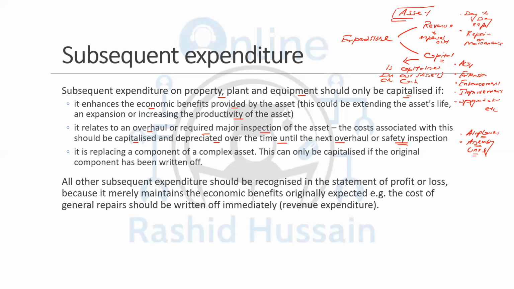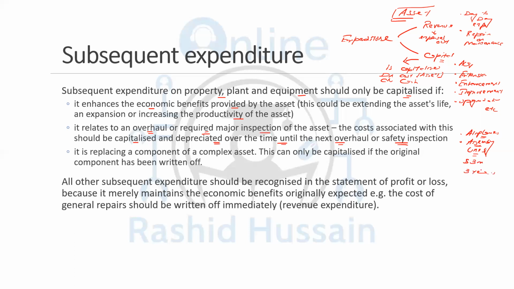So the standard says that if you are doing any expenditure on the overhaul, such as expense on the major inspection, the costs associated with that should be capitalized and depreciated over the time until the next overhaul or safety inspections. So for example, you are spending, let's assume, 3 million, and it is for 3 years.